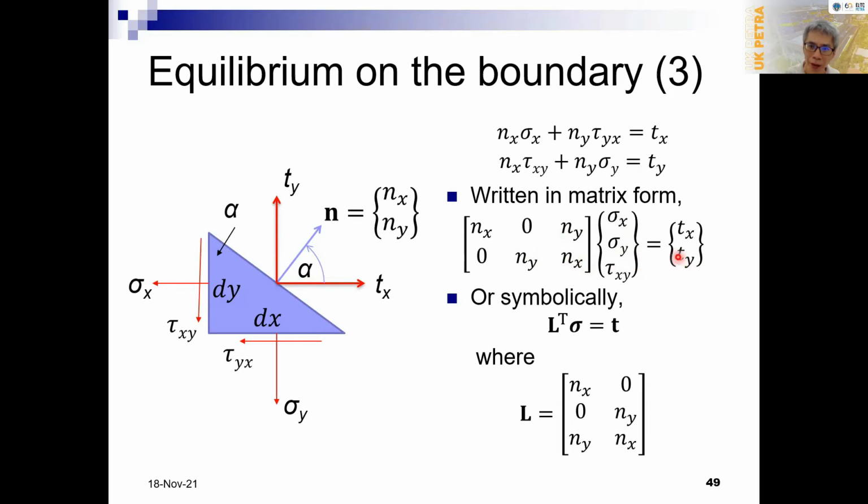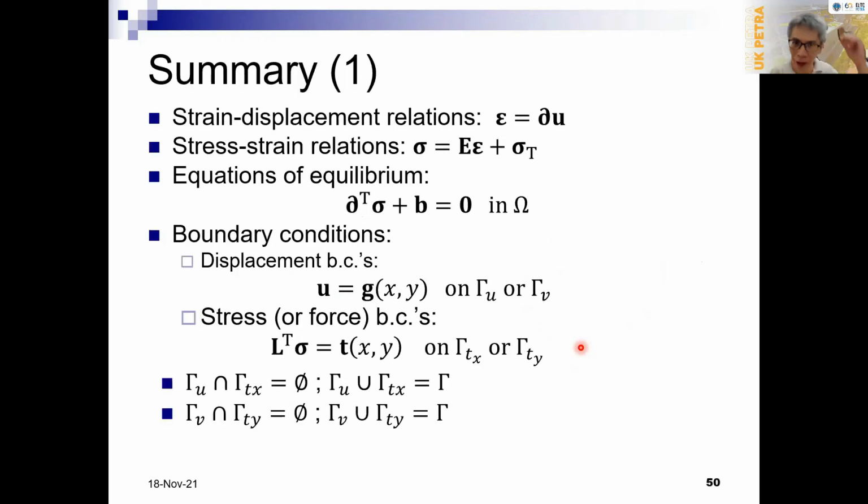So we can use this matrix, or symbolically like this, where L is this one: L transpose sigma equals T. So this is the equilibrium between the external surface traction and internal stress along the boundary. So that's the complete set of governing equations for plane strain and plane stress.